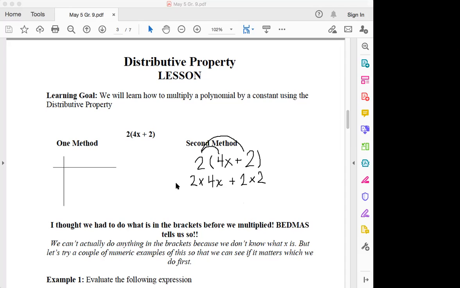And we can simplify, so that's going to give us 2 times 4x, it'll give us 8x. Okay, so we'll write our x like that. And then plus 2 times 2 will give us 4.